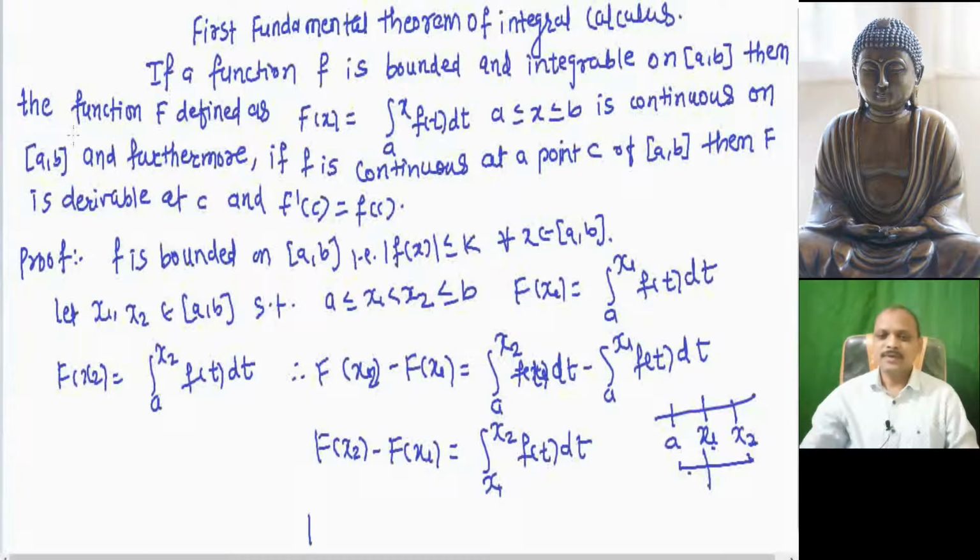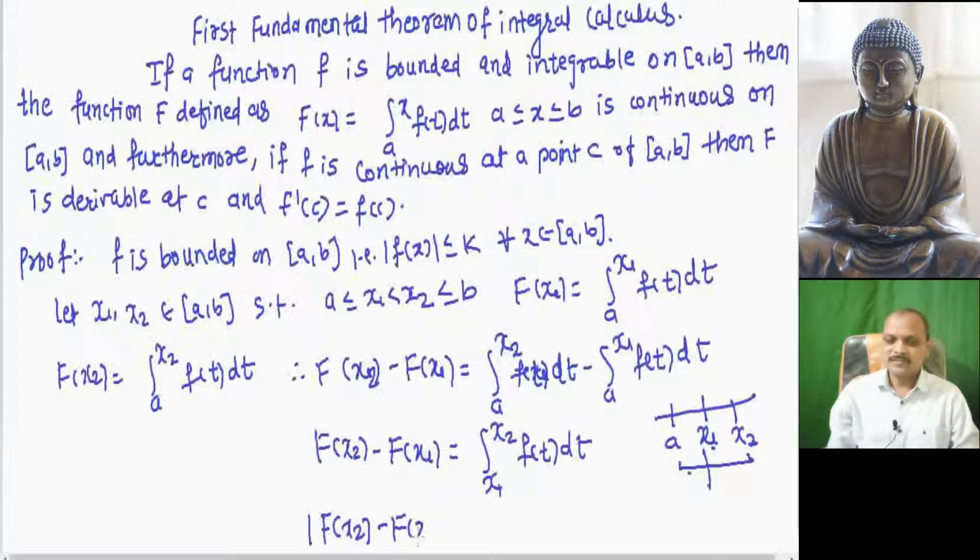So friends, if we take the modulus value of F of x2 minus F of x1, then this modulus value is equal to mod of integration of x1 to x2 f of t dt.